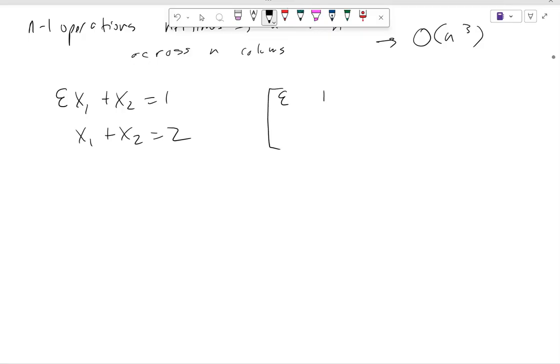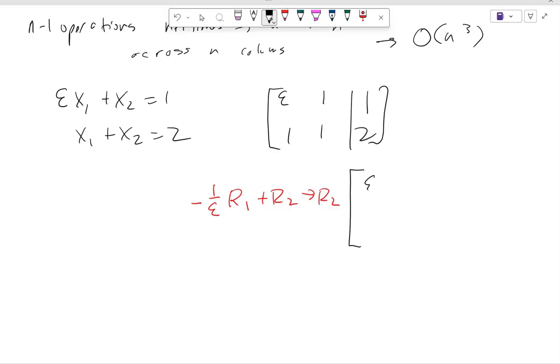I'd have epsilon, 1, 1, 1, 1, 2. What did we do? We did negative 1 over epsilon times row 1, added to row 2, replacing row 2. That's what we did naively. So that would still give me epsilon, 1, 1.